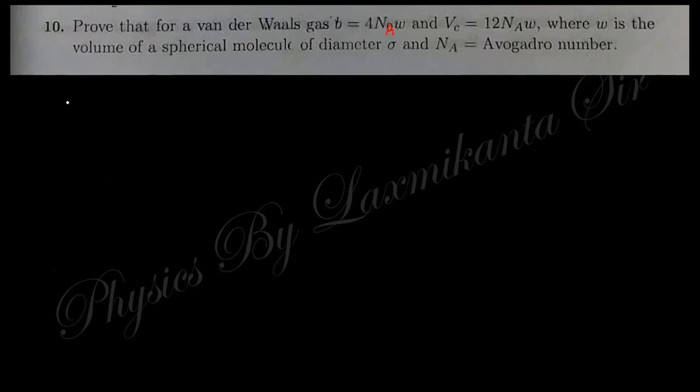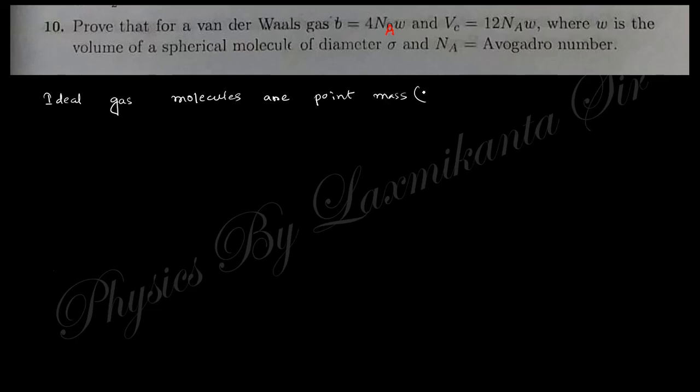What is required? For an ideal gas, we take that the molecules are point masses. When we prove the pressure expression, we take the molecular volume as 0, that is, point mass.